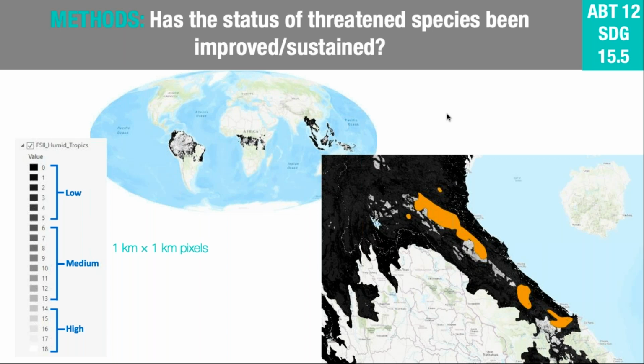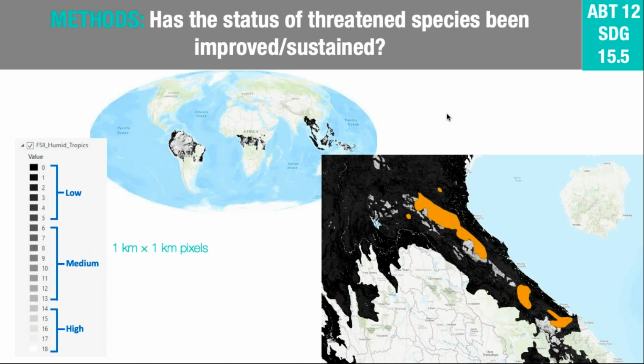Now, the FSII raster layer has pixel values that range from 0 to 18. 0 is a highly degraded forest with very high human pressure, and 18 is really high quality forest, that is highest structural condition forest with the lowest human pressure.